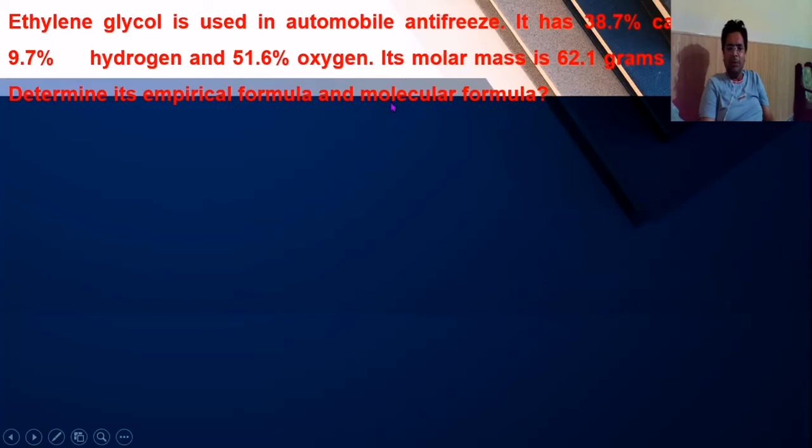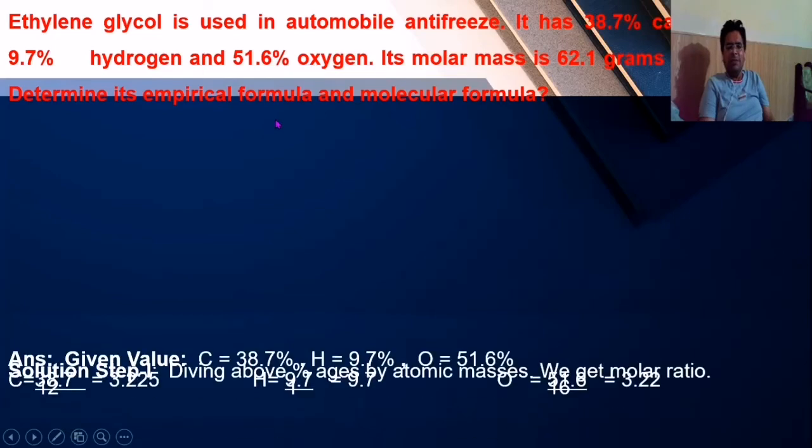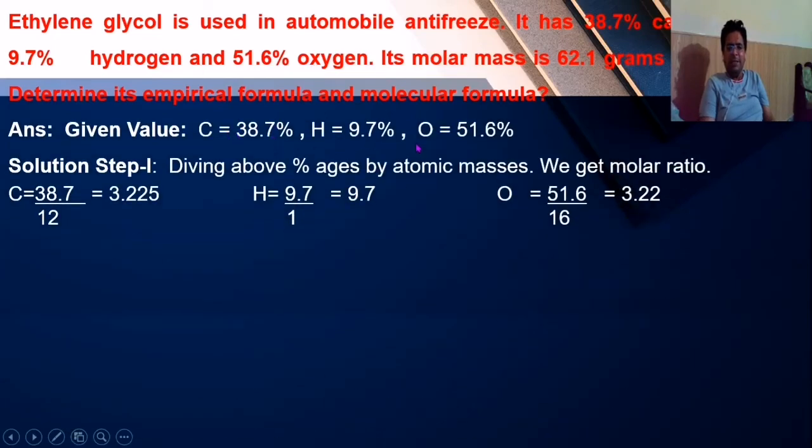How is it calculated? First of all, we have to calculate the empirical formula, as the percentages of carbon, hydrogen and oxygen are given. So step 1 is clear, given in the data. Step 2 in the solution: calculate the number of moles.